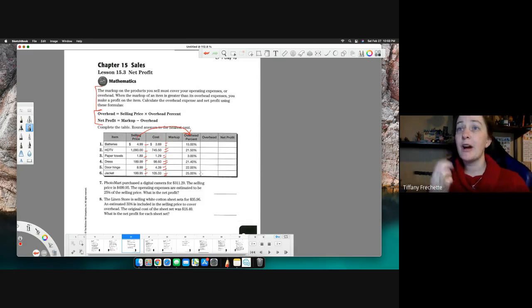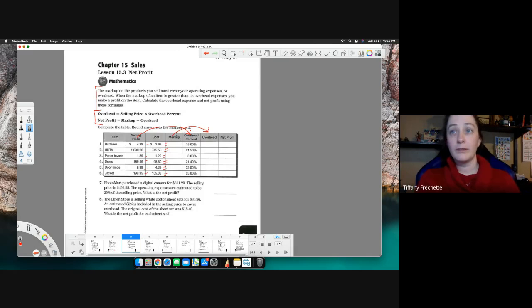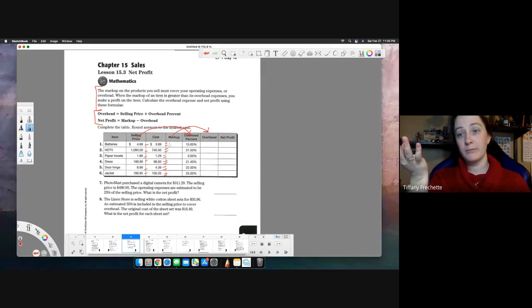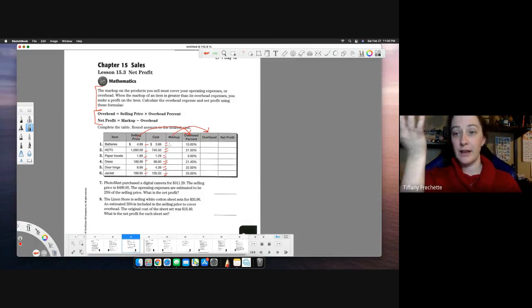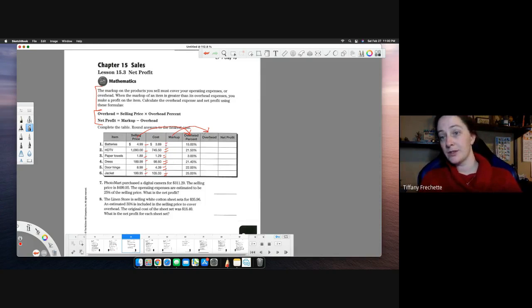And then the net profit is simply the markup, so what it is you're making off the item, minus your overhead. So remember, this is the profit. This is what they're marking it up more than what they bought it for, so this is what they make off the item. But overhead is the cost of keeping that item in stock.